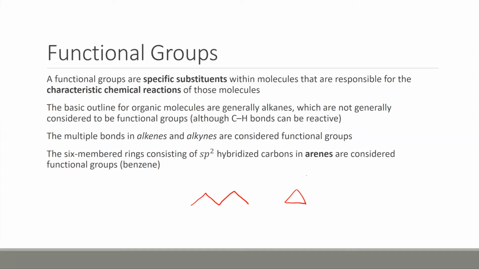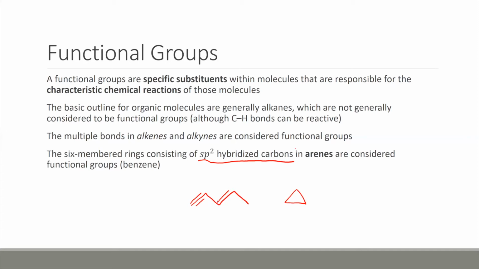Things that can be thought of as functional groups are things like double bonds or even triple bonds. Alkanes are not, but alkenes, which are double bonds, and alkynes, which are triple bonds, can be considered functional groups. Also, in the ring section, special six-membered rings consisting of sp2 hybridized carbons, which are usually associated with double bonds, are arenes.